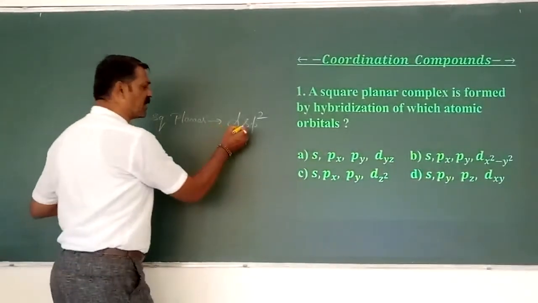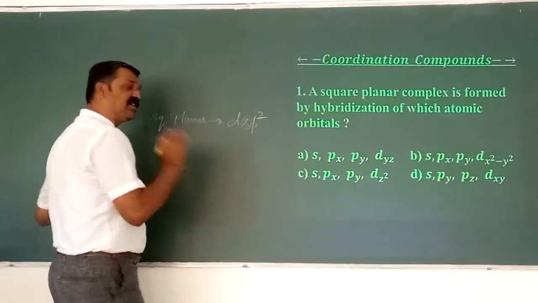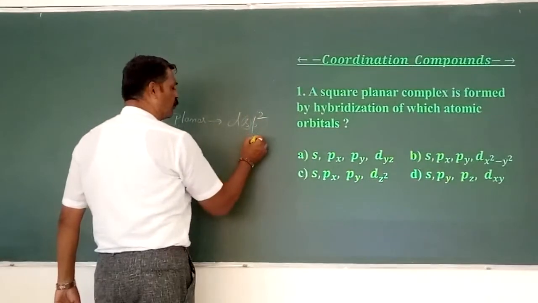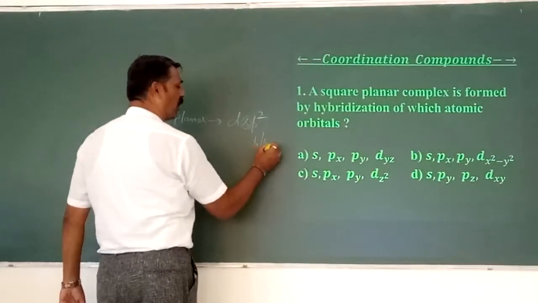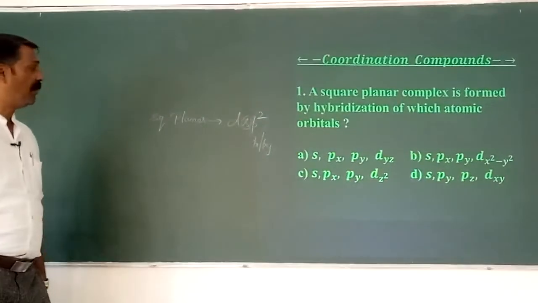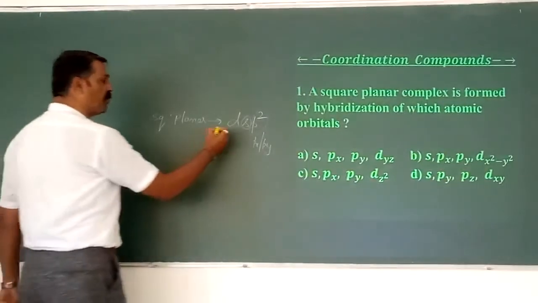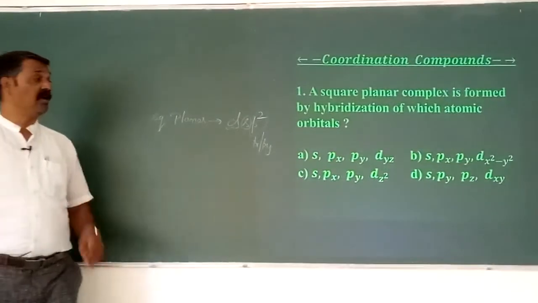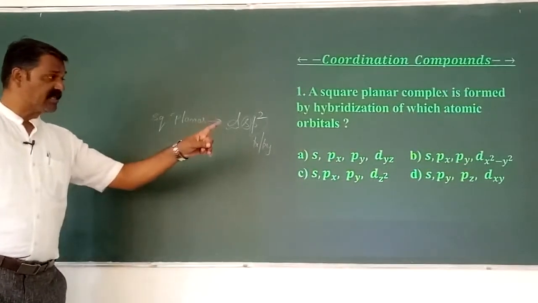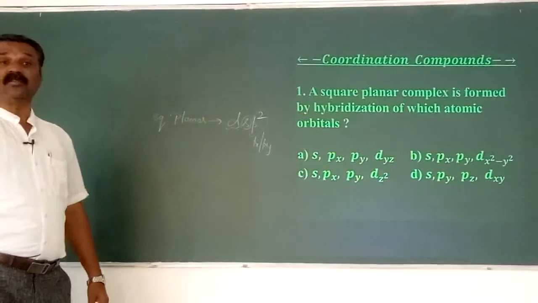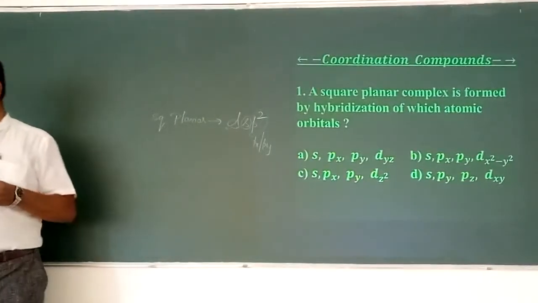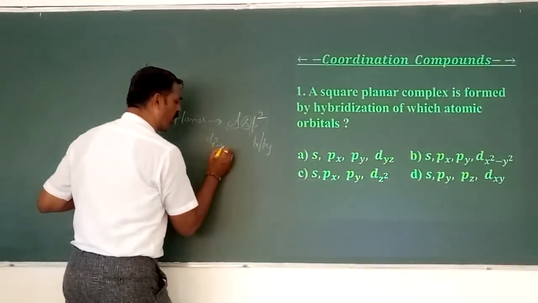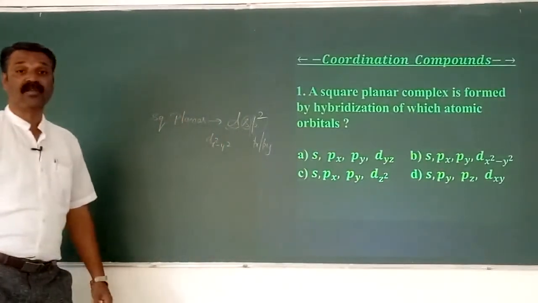So as usual, s is fixed. We know that we have the two p orbitals, px and then py. Apart from that, d must be, as it is square planar, either dx square minus y square, or it may be dz square. First, what we are preferring is dx square minus y square, after that we have dz square.